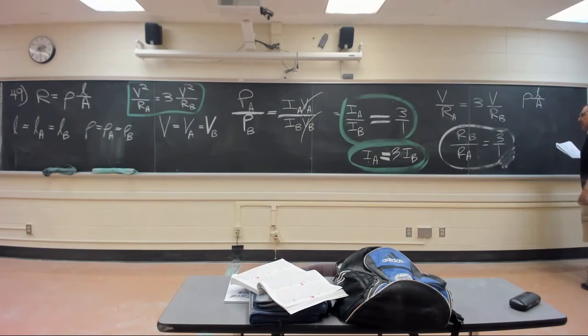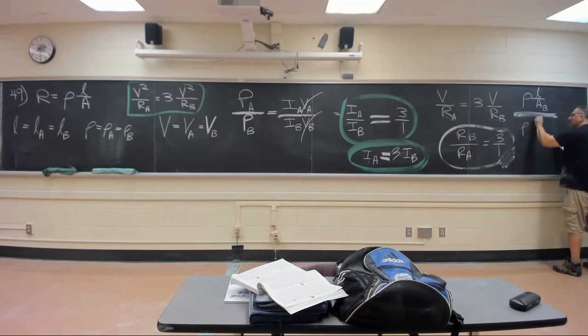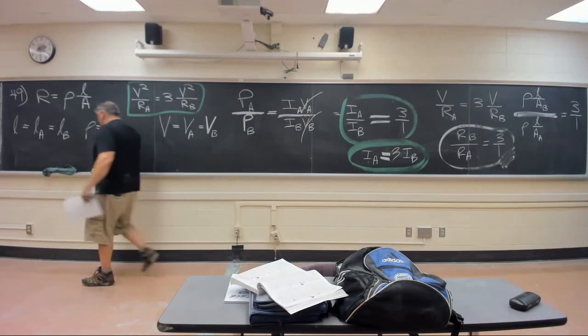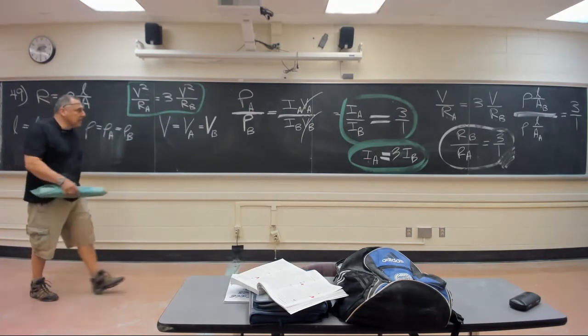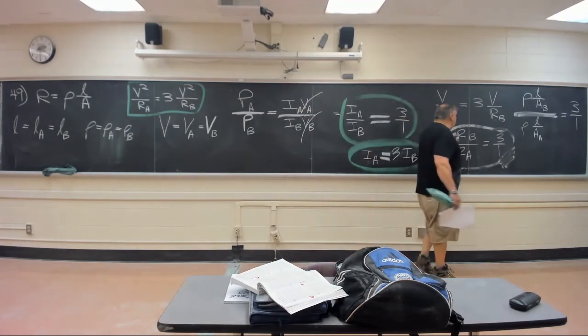So what do we got, guys? There's got to be a B here. There's got to be an A here, and the ratio is 3-to-1. It's kind of crazy. This one's got more resistance.